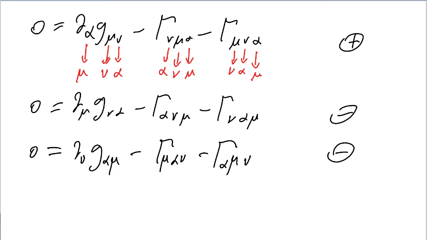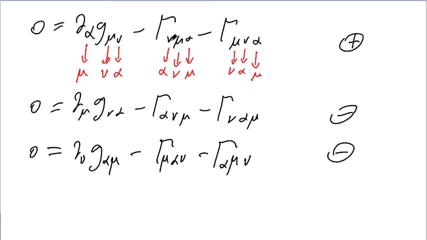When we do that, notice some of these Christoffel symbol terms will cancel. Remember that Christoffel symbols are symmetric in their lower two indices, and we've lowered the upper index. That became the first index. So these Christoffel symbols with all lower indices are symmetric in their second and third indices.